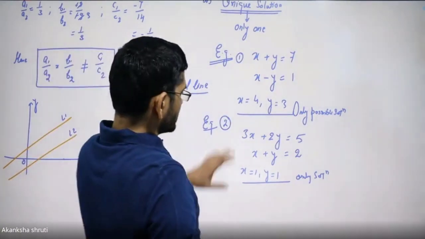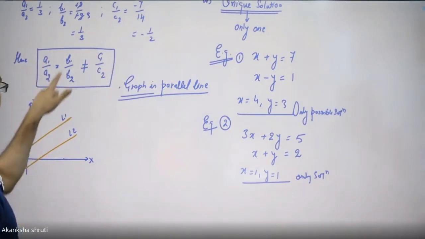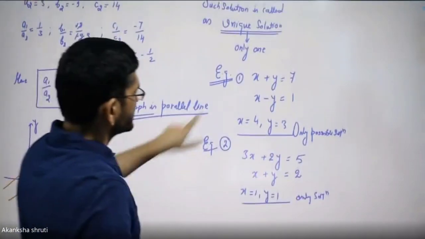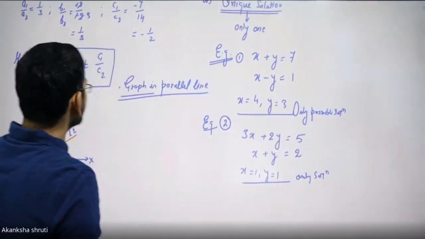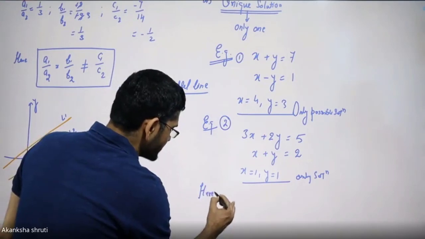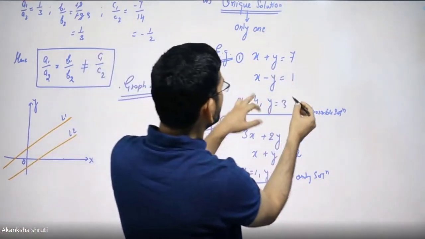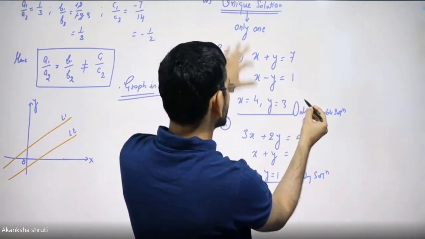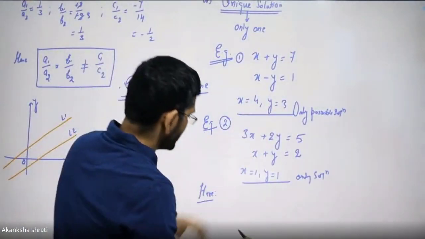Students, the condition in terms of a1, a2, b1, b2 for this unique solution is also possible. What is that condition? Here in this case you will observe, take this a1, a2, b1, b2 here. You can get it in a similar fashion as we have done here. Let me write the result directly.